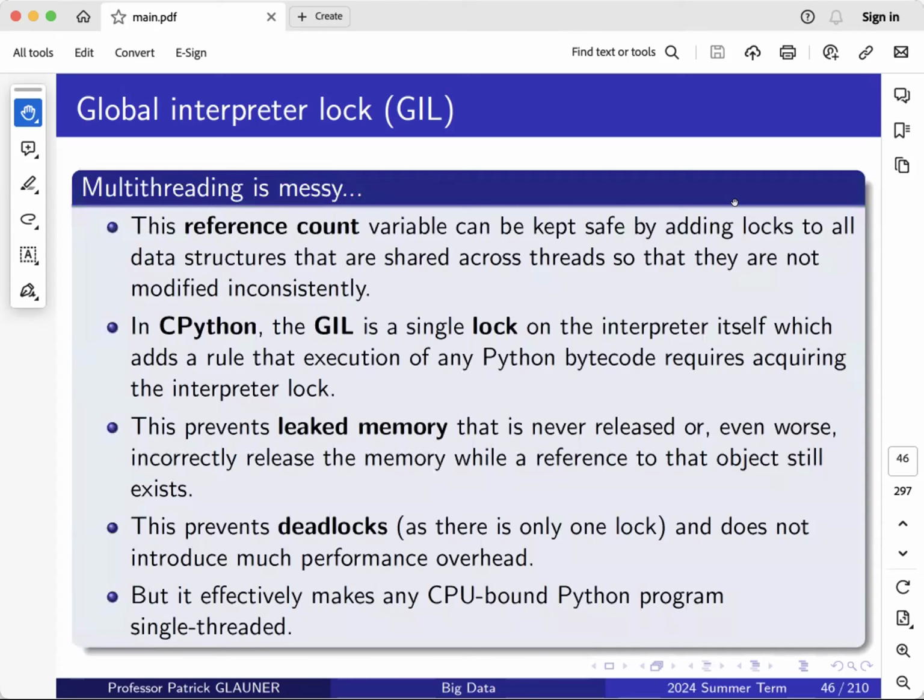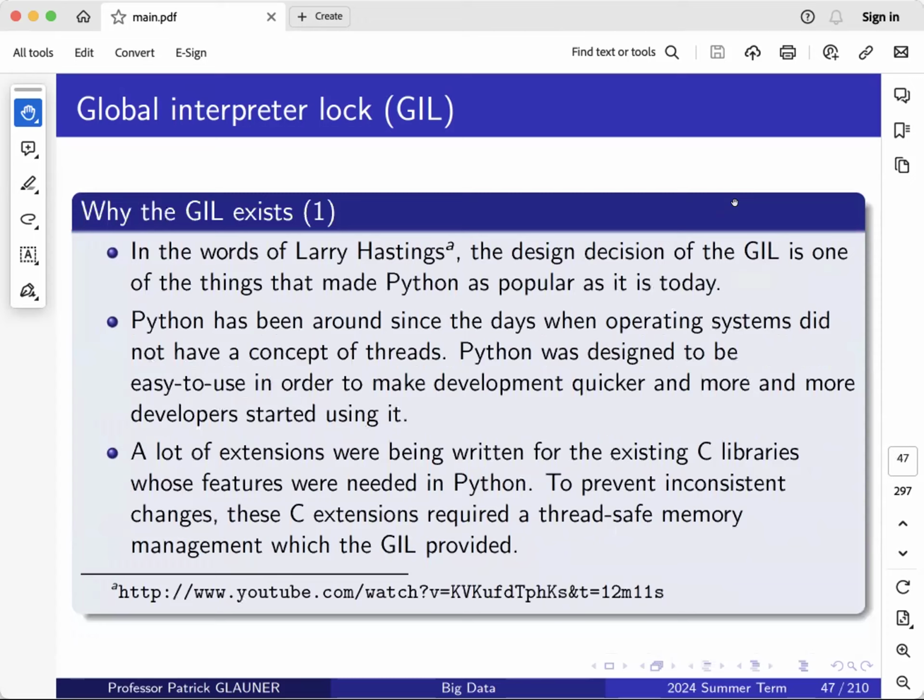And that has to do with the global interpreter lock, which eventually enforces Python to be single-threaded. There are various reasons for this global interpreter lock. First of all, it looks like a major limitation, which it is, but it's more. It also provides us with various advantages because we don't run into leaked memory or deadlocks easily.